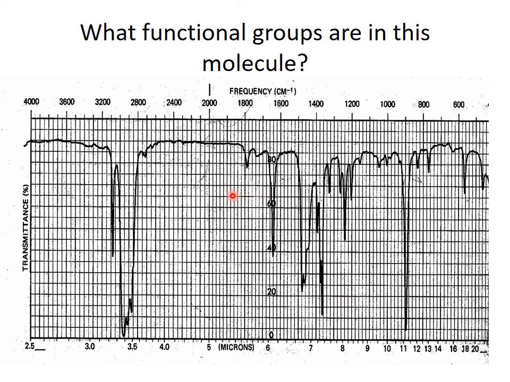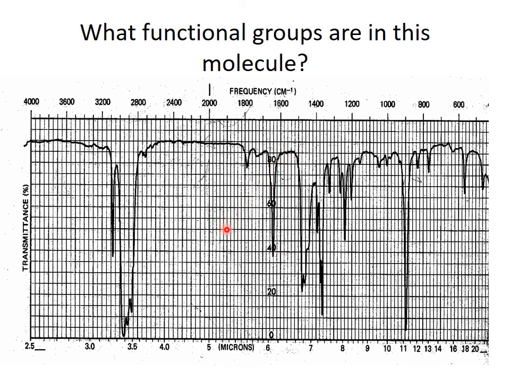So what functional groups do you see here? Well, first off, always recognize what you don't see. You don't see an alcohol peak here. You don't see a carbonyl here. That's important to note. What you do see is a hydrogen on a carbon-carbon double bond, and you see a carbon-carbon double bond right here.